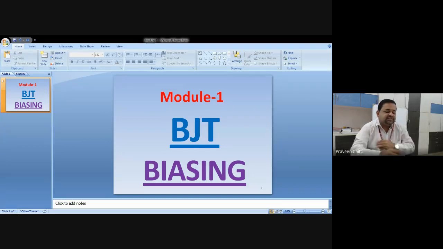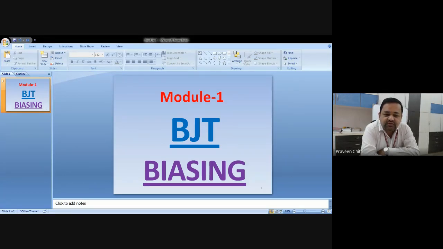A bipolar junction transistor is basically a three-terminal, three-layer solid-state semiconductor device formed by sandwiching one type of semiconductor between a pair of opposite type of semiconductors.